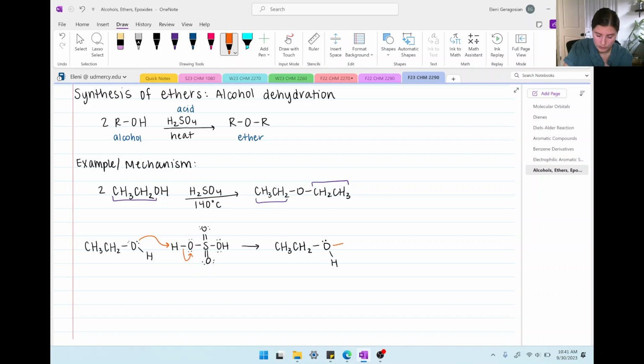And I'll use this orange color to demonstrate this is the new bond to the hydrogen from sulfuric acid. Oxygen lost ownership of electrons. It's now sharing 2 instead of owning 2, so it has a positive charge. And then we have the conjugate base of sulfuric acid, with a negative charge on that oxygen that lost the proton but gained the electrons in the bond.